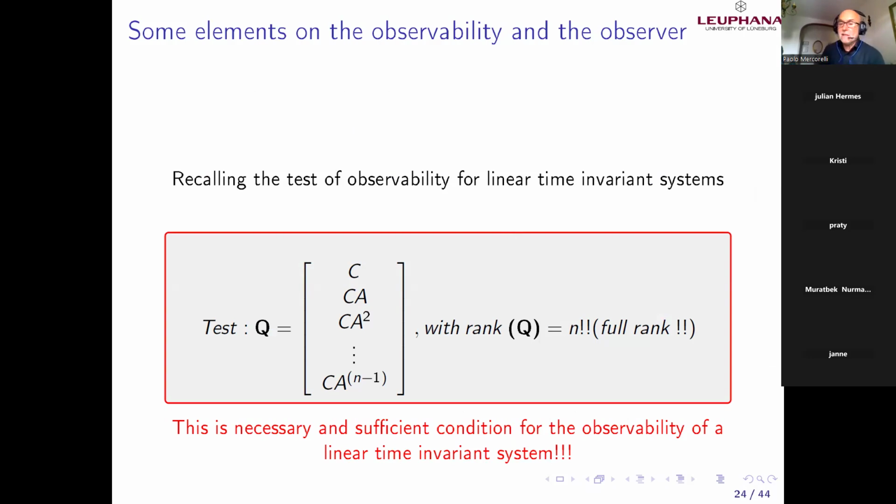Now, A squared and so on is a little bit more difficult to clarify, but if you look at a practical consideration, we stop building the matrix Q considering A up to n minus 1, which means basically that it depends on the number of states, because n is the number of states.